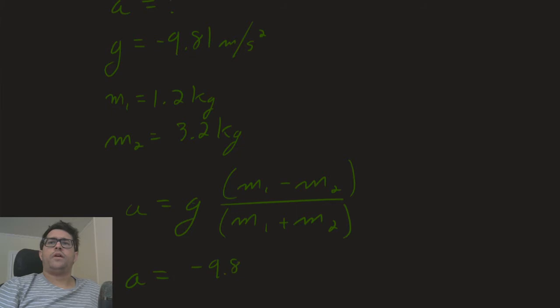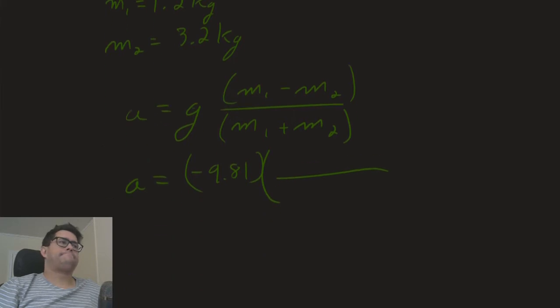So minus 9.81 times 1.2 minus 3.2, and then 1.2 plus 3.2. A simple formula.